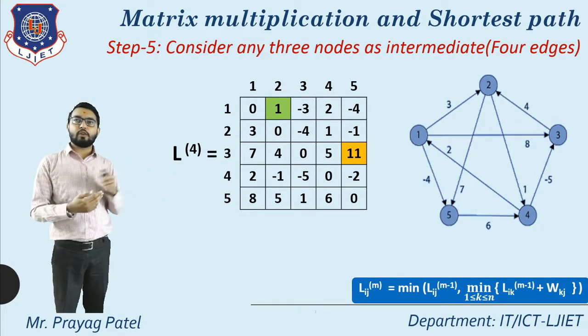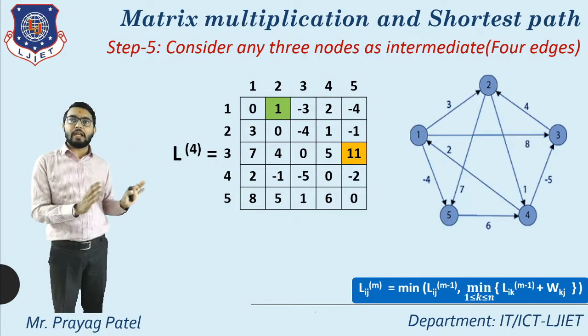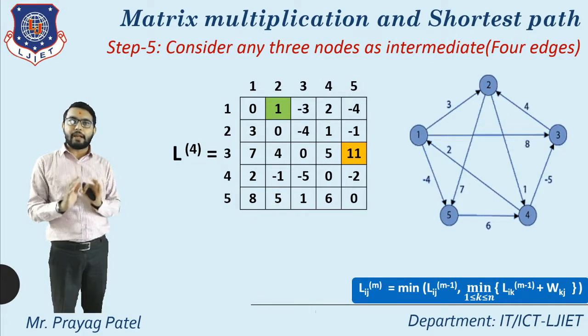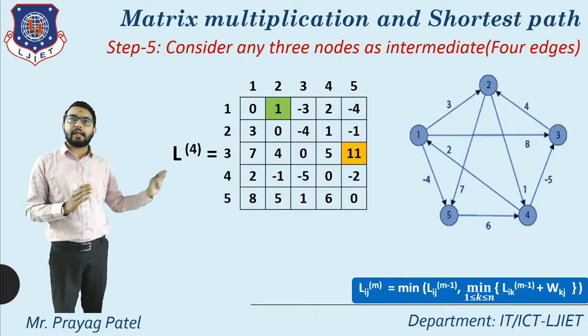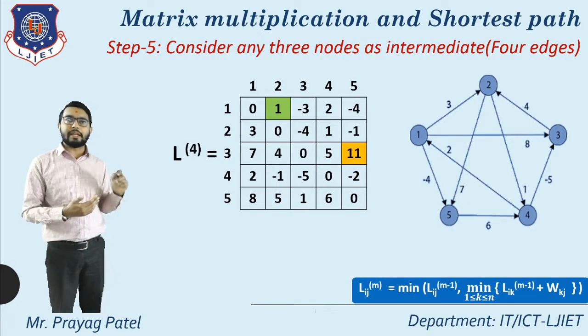Next we consider location 3, 5, whose value is 11, because all the remaining locations stay the same, as the old value is better than the new value or a new path is not possible. So we move directly to location 3, 5. In location 3, 5 the old value is 11.